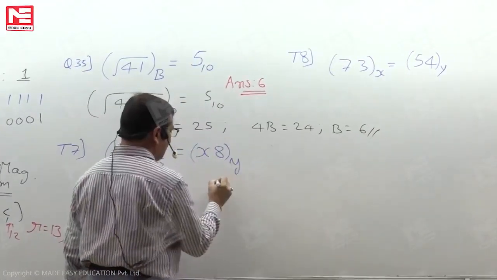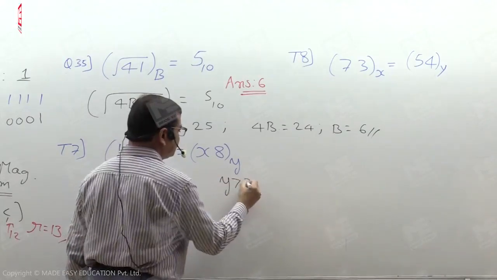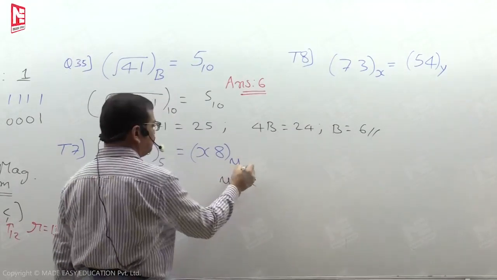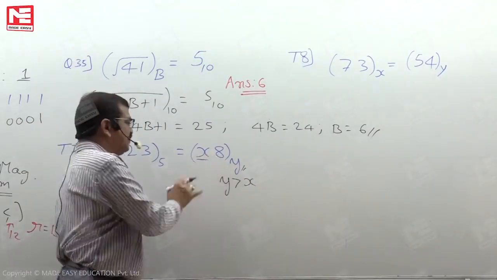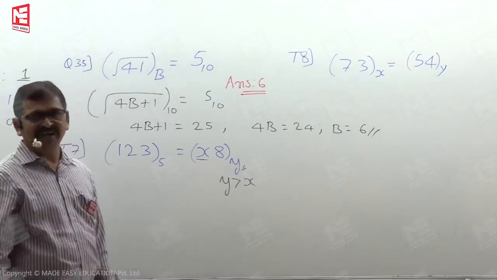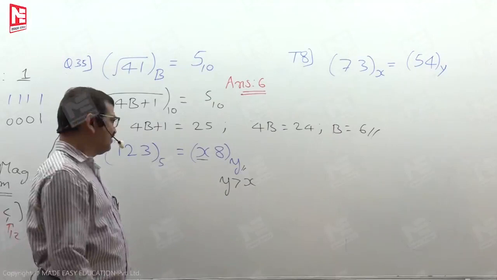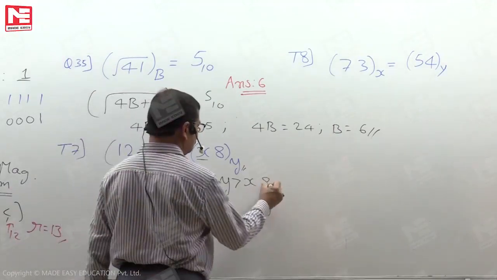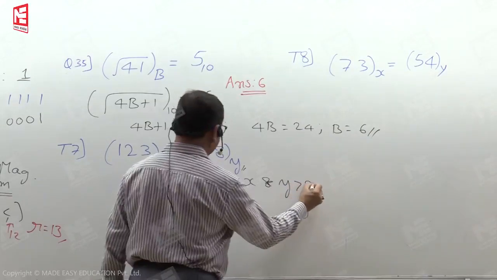The conclusions we have are that y must be greater than x. Y must be greater than x, then only you can represent x8. So radix must be greater than any digit in any number system. And also y must be greater than 8.